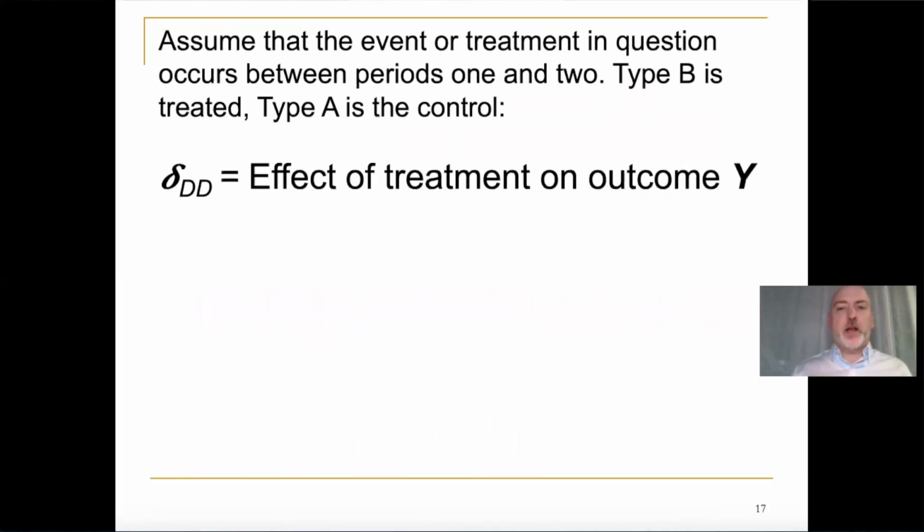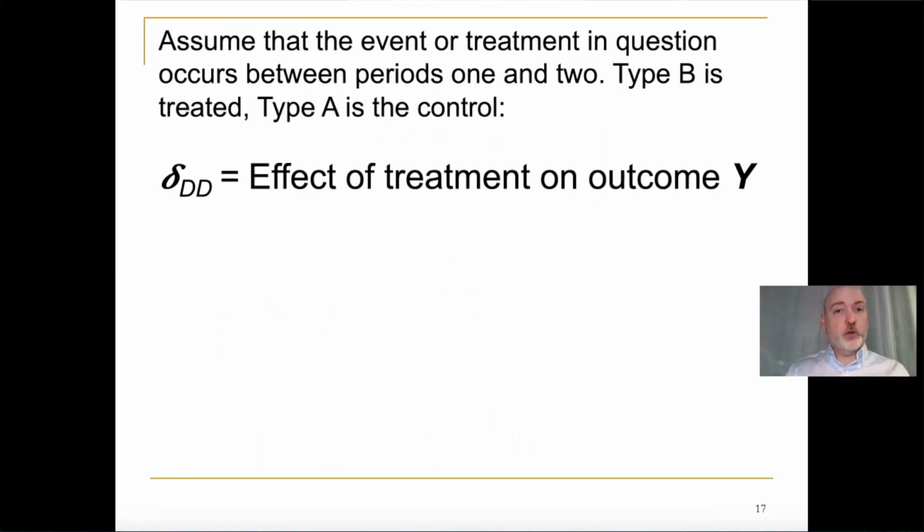Now for some notation, so we can actually write down the model. Assume that the event or the treatment in question, so in our example, when the tutoring center opened, when access to treatment occurred, happens between period 1 and period 2. So we're assuming we have panel data with only two periods.